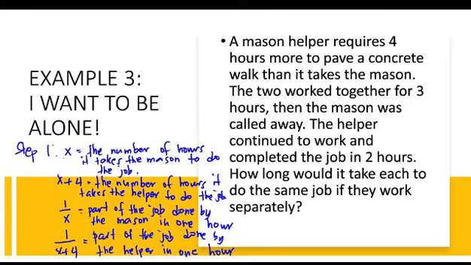Okay, since the mason worked for 3 hours and the helper worked for 5 hours to complete the job, diba? So we're going to represent it. Let's write it here for step 2. Take note na lang nung kanina. Ayan.